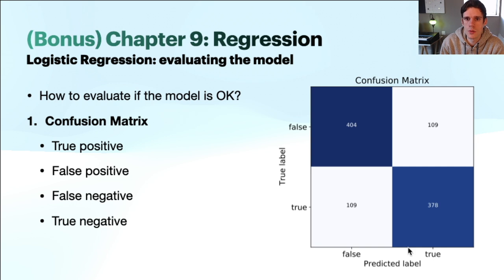And thus, we can use the confusion matrix to very quickly gauge the performance of our model. We want the highest numbers to be on this diagonal. When we predict something to be false and it is false, in this case 404 times, and we predict something to be true and it is indeed true, in this case 378 times.